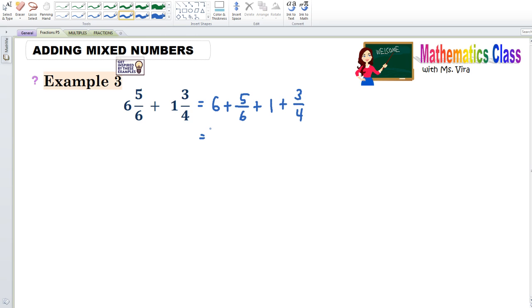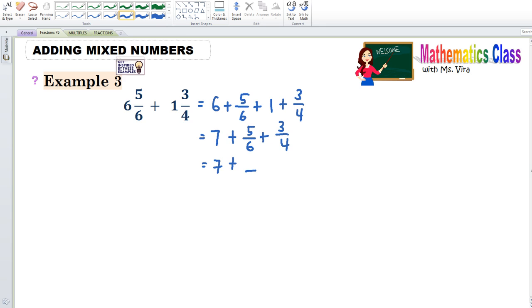The same way, we add the whole numbers first. 6 plus 1 is 7, followed by the fractions. Now here we write 7, and then again we need to change the bottom numbers to get common denominators by looking for the smallest common multiple of 6 and 4, which is 12.